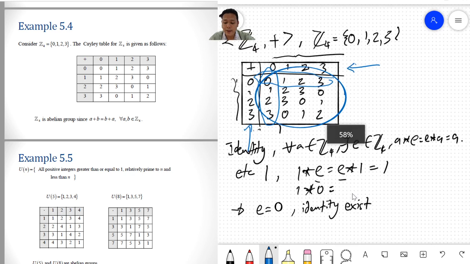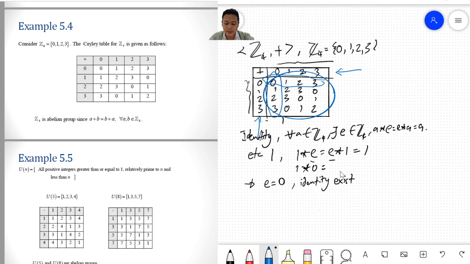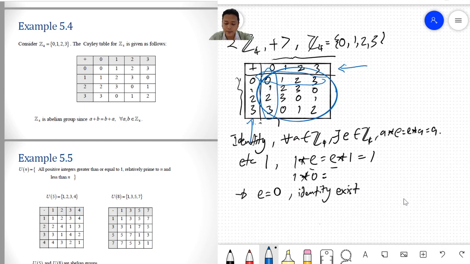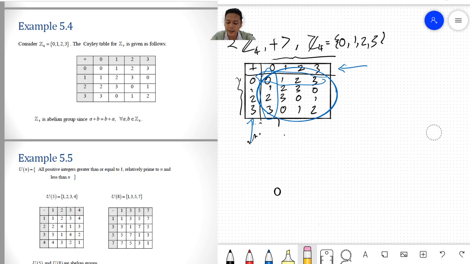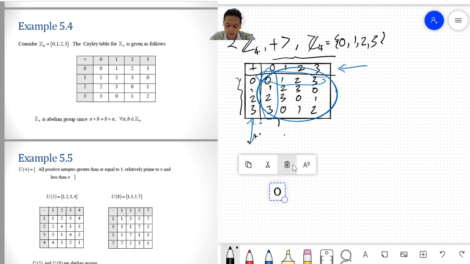When we have this identity, then we can check whether it has inverse or not. For the inverse, right now we lock the value of E there. Okay, E is 0.